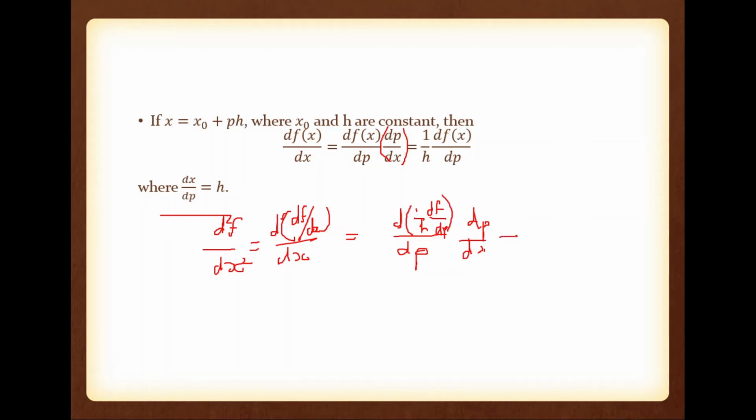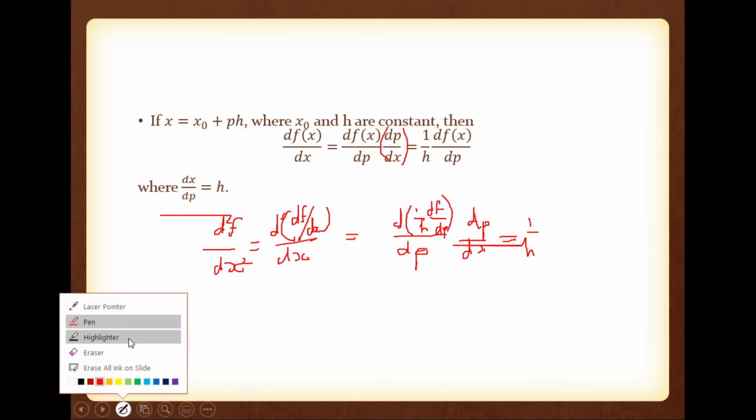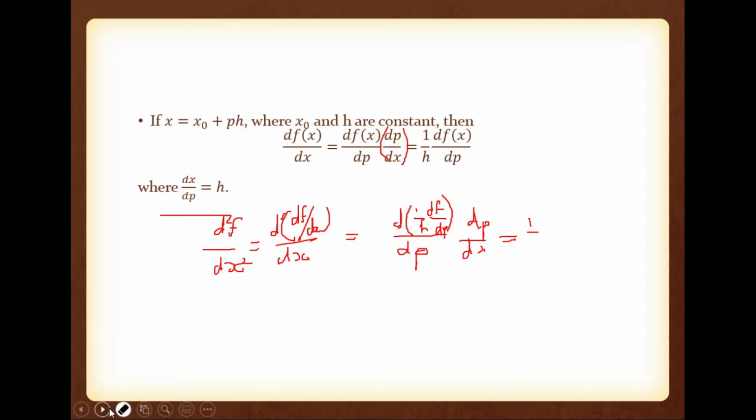This is 1 by h. Here we have one more 1 by h. So it will become 1 by h square.